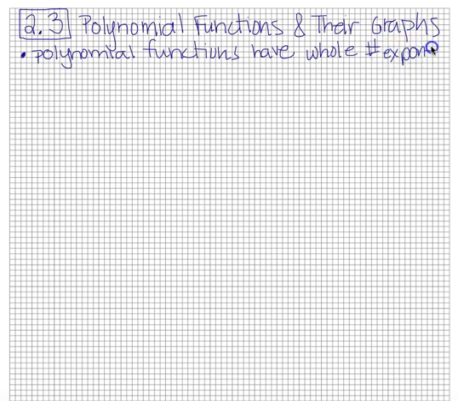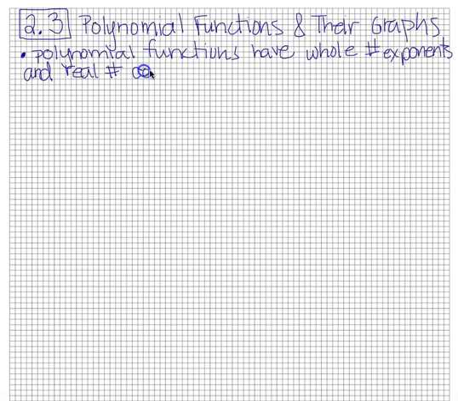So an exponent could be 0, 1, 2, 3, and so on. You do not have decimal exponents. You do not have fractional exponents that don't simplify. You don't have variable exponents. So whole number exponents, and then the other qualification is real number coefficients.